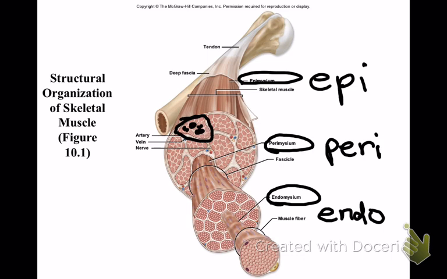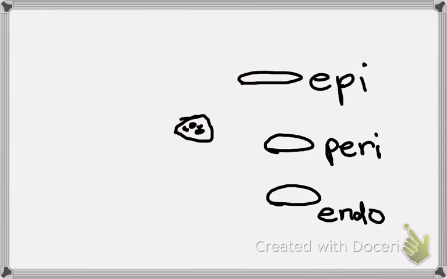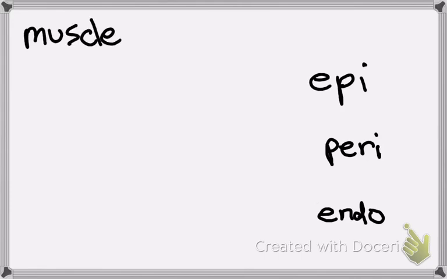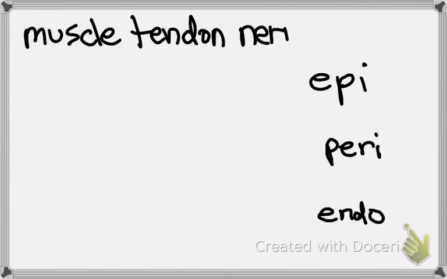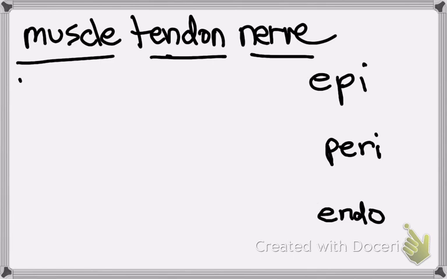Okay? So keep those straight, because what we're going to see is that depending on what structure we're talking about, we have epi, peri, and endo associated with a muscle, associated with a tendon, and even associated with a nerve. So I have for muscle, the word root is mysium.